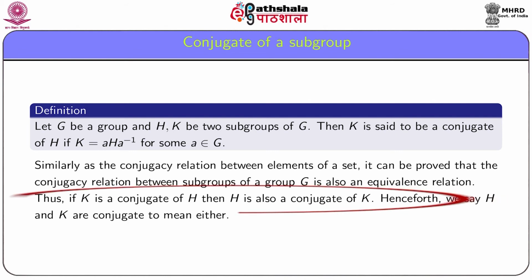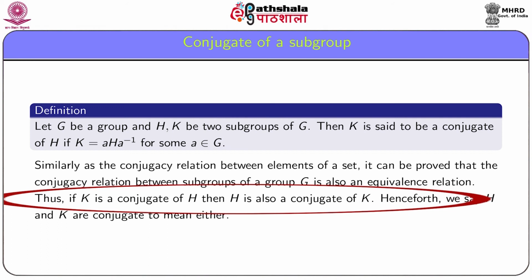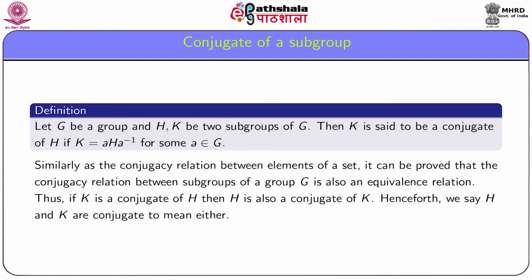Thus, if H is a conjugate of K, then K is also a conjugate of H. Henceforth, we say H and K are conjugate to mean either of them.